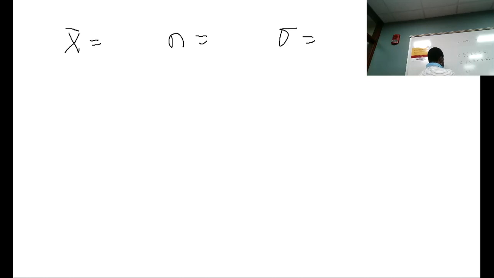What is the sample size? 50. Now sample mean, 54. Population standard deviation. And the confidence level? 0.95. With 0.95, Z alpha over 2 equals 1.96.